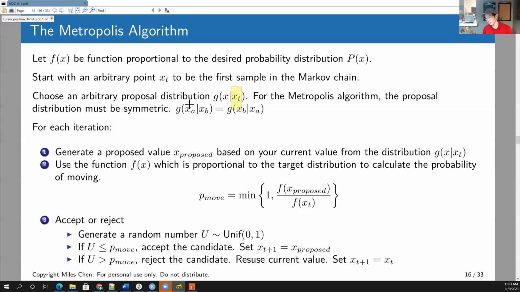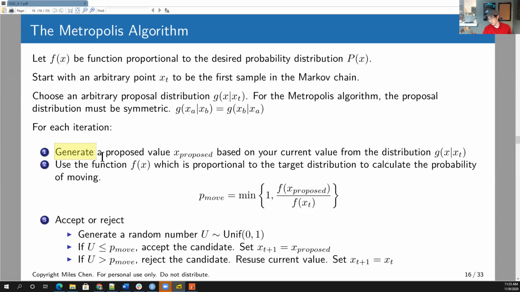On Friday, we'll look at the Metropolis-Hastings algorithm, where the proposal distribution does not need to be symmetric, but for the Metropolis algorithm, it does. That just means the probability of proposing xa if you're currently at xb is the same as the probability of proposing xb if you're currently at xa.